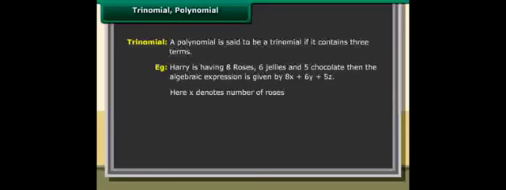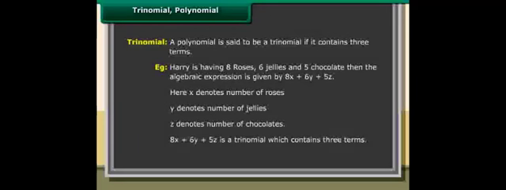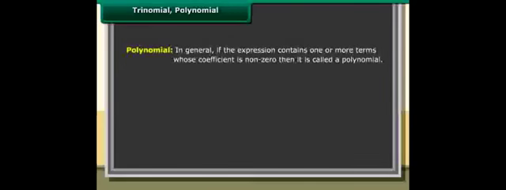Here x denotes the number of roses, y denotes the number of jellies, z denotes the number of chocolates. 8x plus 6y plus 5z is a trinomial which contains 3 terms. Polynomial. In general, if the expression contains one or more terms whose coefficient is non-zero, then it is called a polynomial.